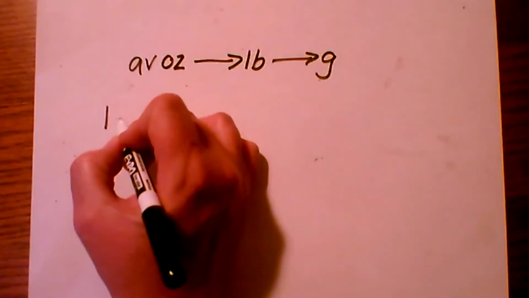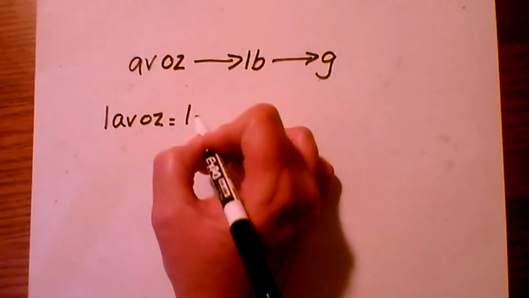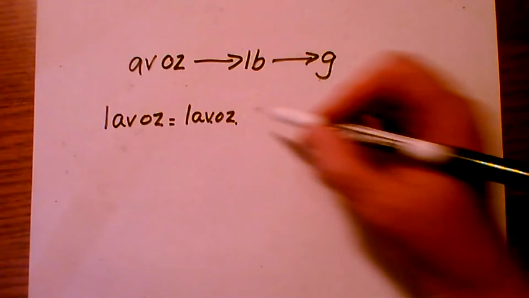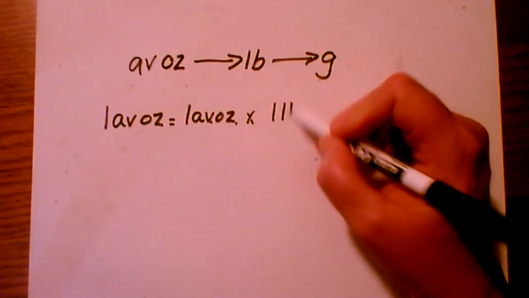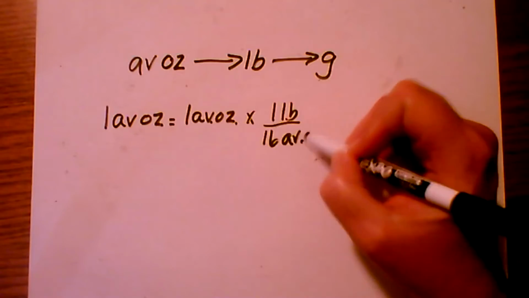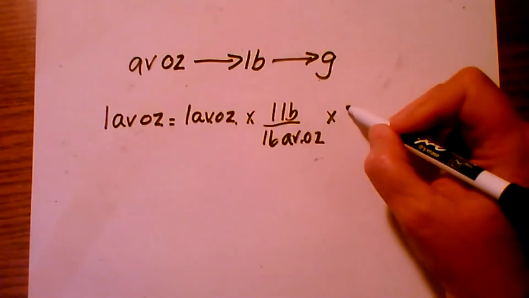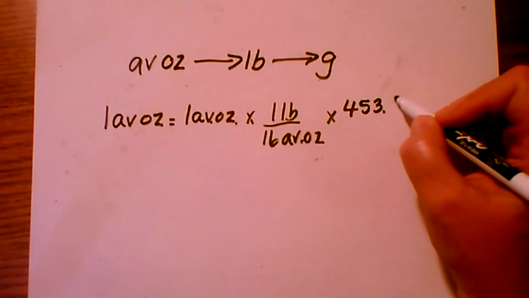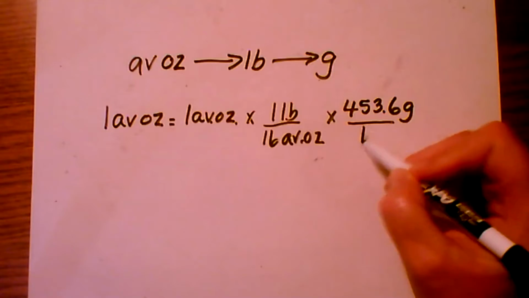So if we have 1 AV ounce, that equals 1 AV ounce times, there's 1 pound per 16 AV ounces. And we multiply that by 453.6 grams per pound.